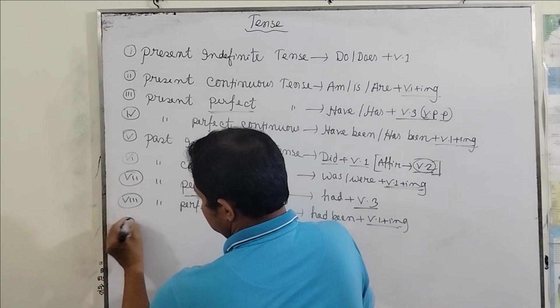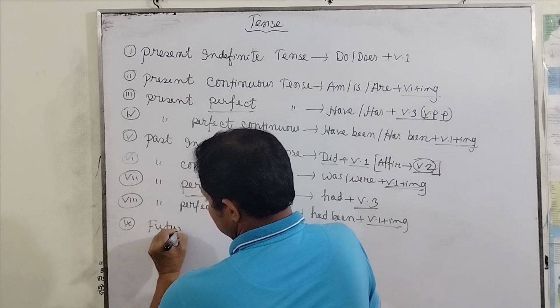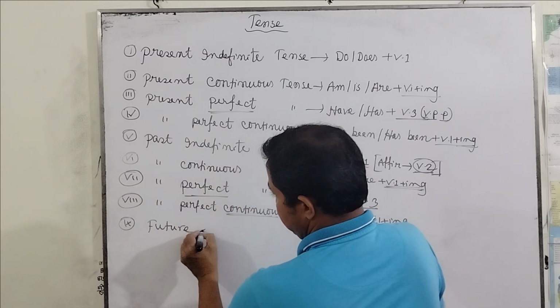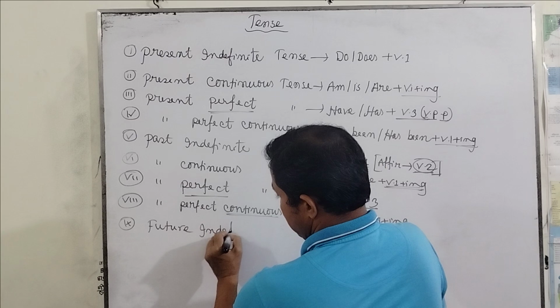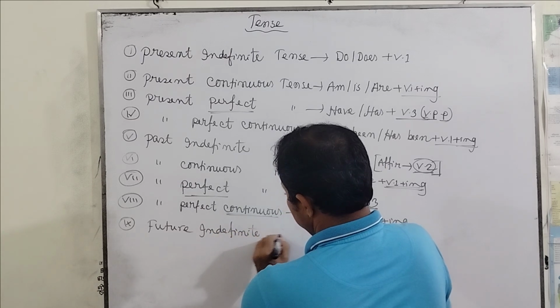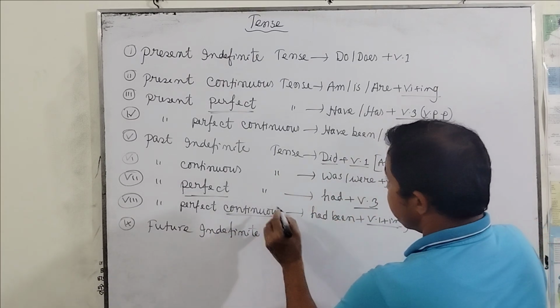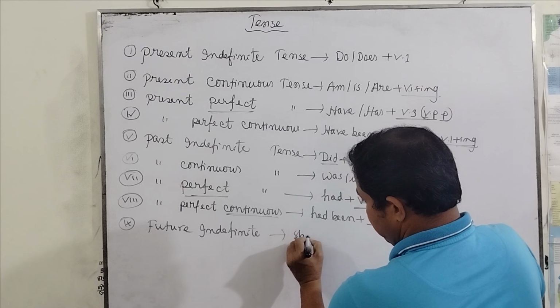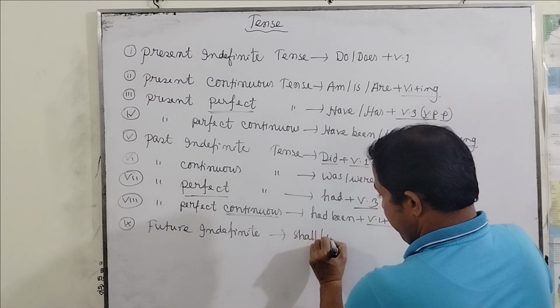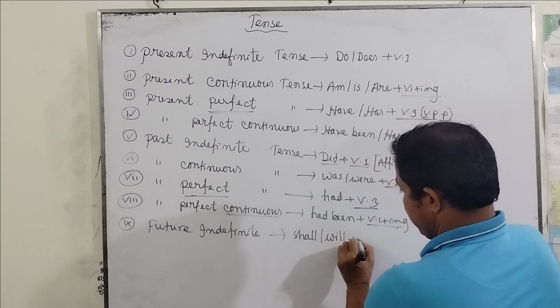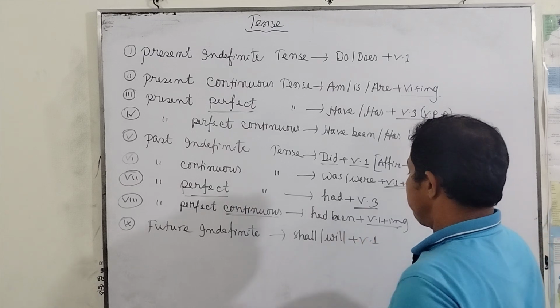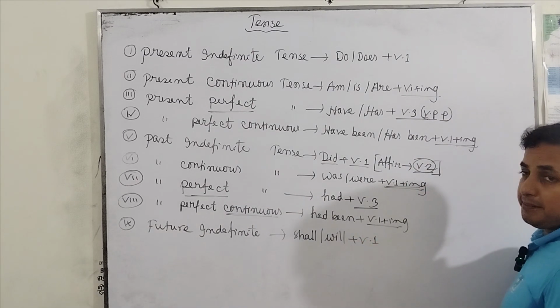Now, future. Future indefinite. Future indefinite tense has the auxiliary verb shall or will, then B1.